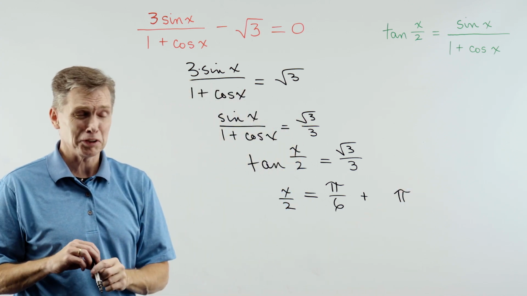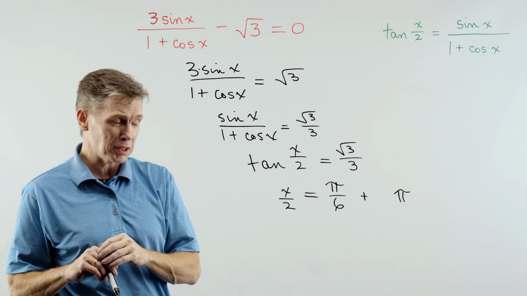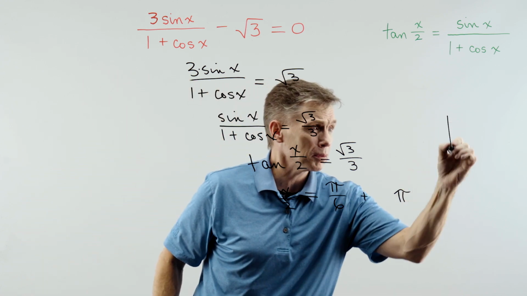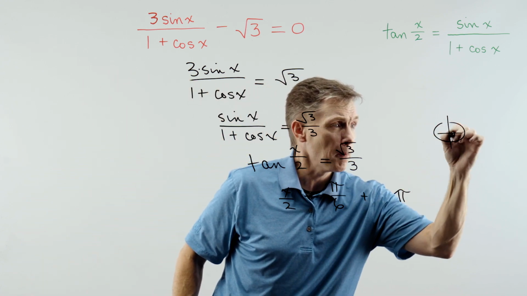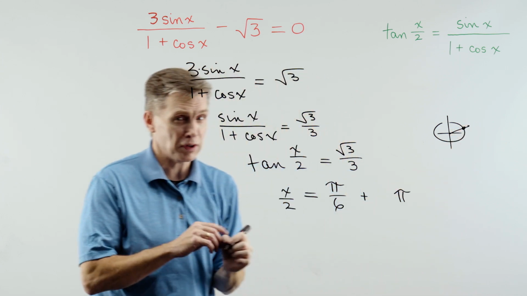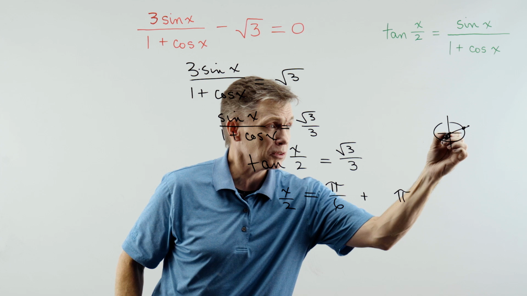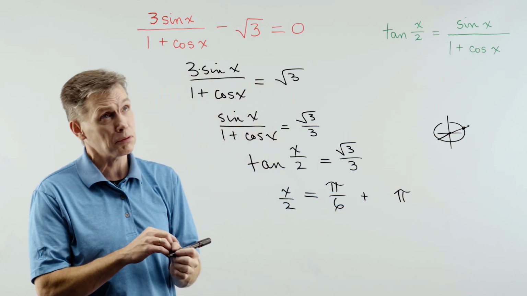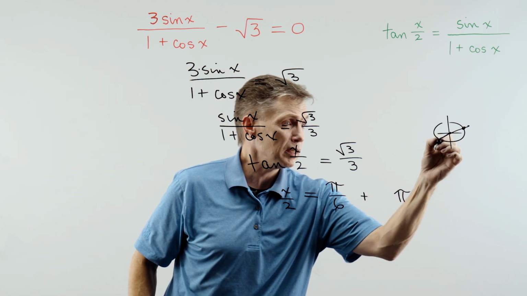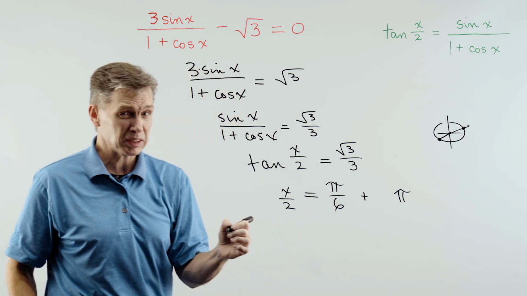I'm going to fill in a couple blanks, but this is what I'm trying to get you to think: a quick sketch of the unit circle. Pi over 6 is where we just found. But the other place in that unit circle that also has a tangent of square root of 3 over 3 is here, 7 pi over 6.